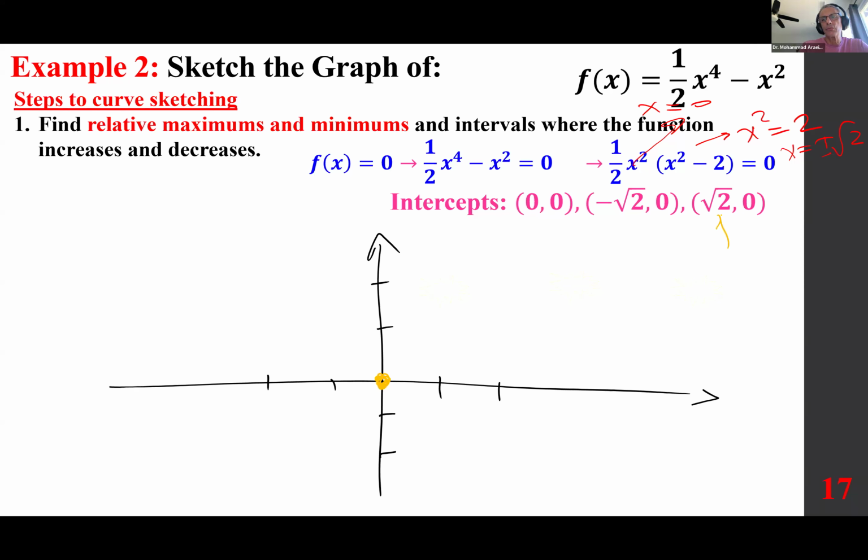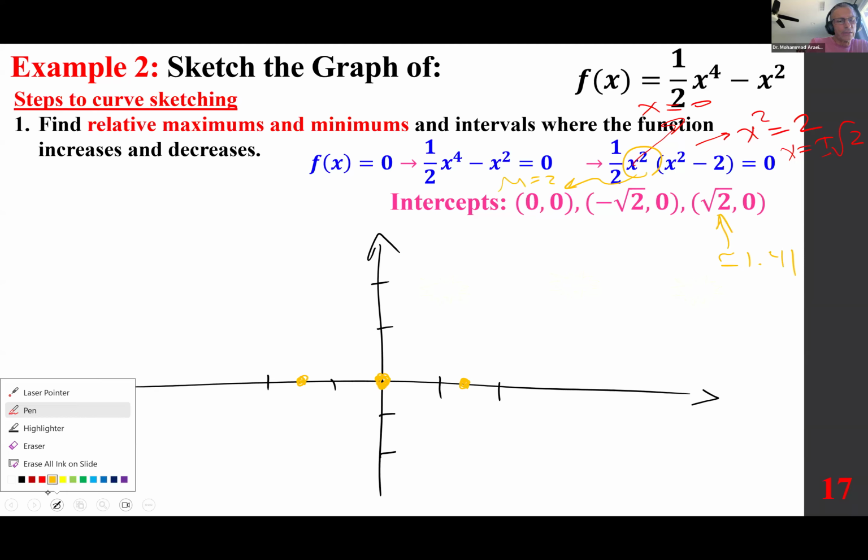Square root of 2, it's almost 1.41. It's here and here. Also, x squared, that means the multiplicity is 2, and that means at (0, 0) the graph can't cross.